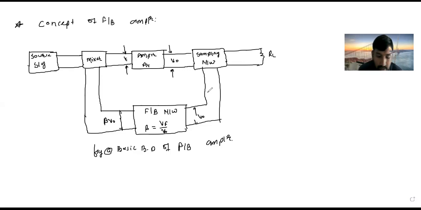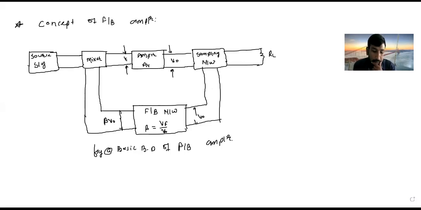Now we explain this block diagram in detail. First we explain the series mixer. Here the mixer block is connected in series with the source resistor, and the feedback network is connected in series. That block comes under the mixer block.